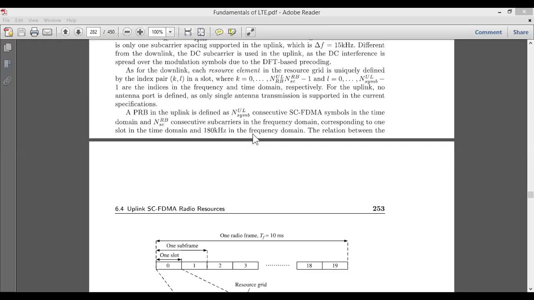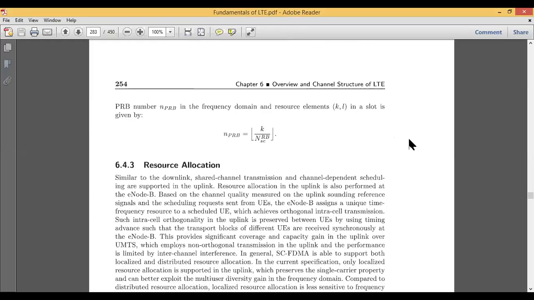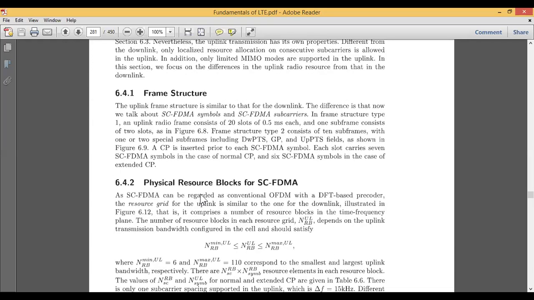And again there is a relationship between your uplink and downlink. Based on the numbers shown here, they make use of a formula, that is N_PRB is equal to K divided by N_C times R_CB. So this is how the physical resource blocks for OFDM are allocated.